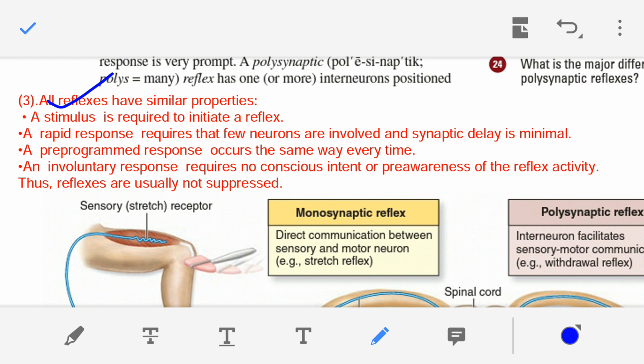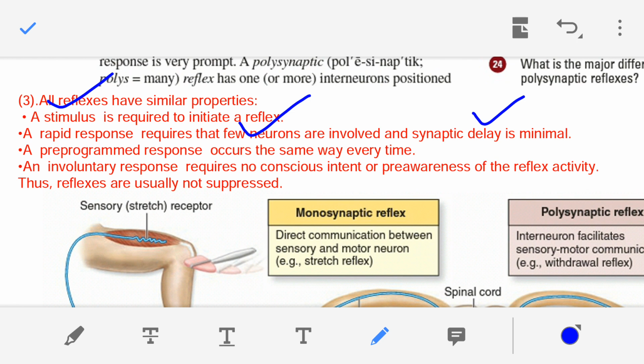Now since the reflexes are very rapid and the responses are very quick, in the reflex action only a few neurons are involved and synaptic delay is minimal. That means the propagation of the nerve impulse is very quick.